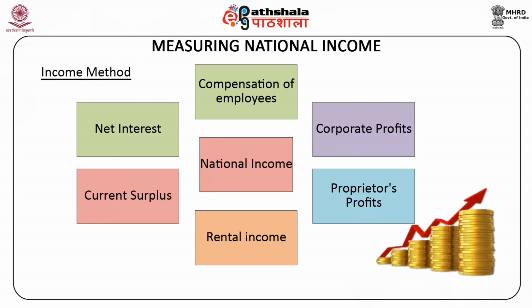These corporate profits are then utilized for tax, dividend payments, and finally kept as retained earnings. The proprietor's income is the earnings of the unincorporated self-employed. The rental income includes income earned by the landowners, and royalty income by authors or artists.